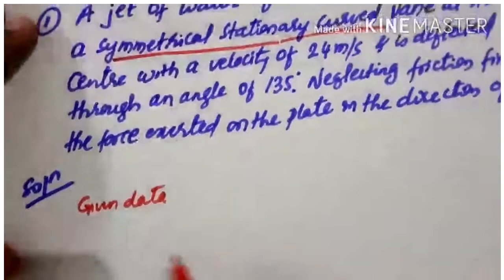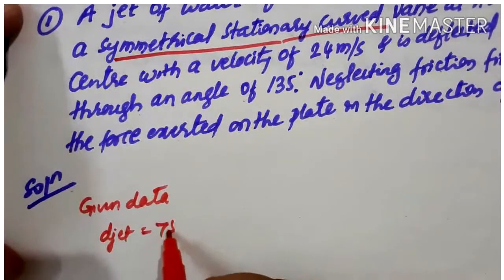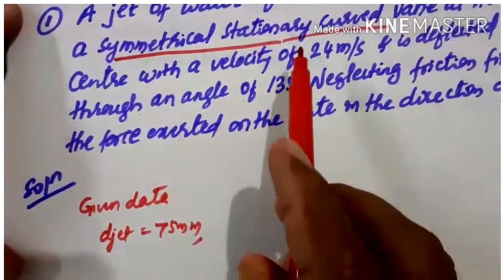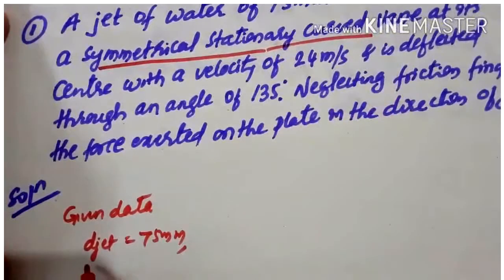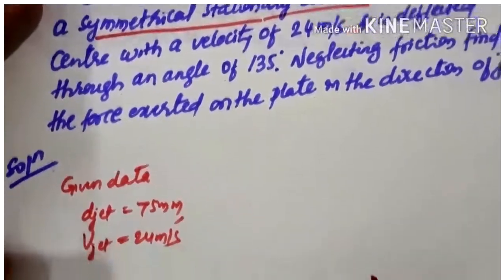They have given the diameter of the jet as 75 mm. Then they mentioned the stationary curved vane and the velocity of the jet. The velocity of the jet is 24 meter per second and the jet is deflected through an angle of 135 degree.